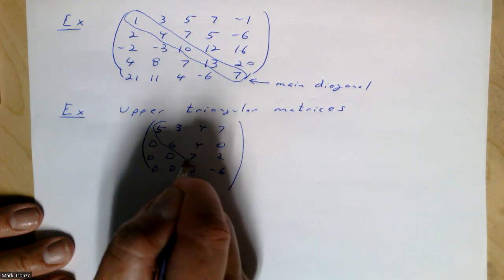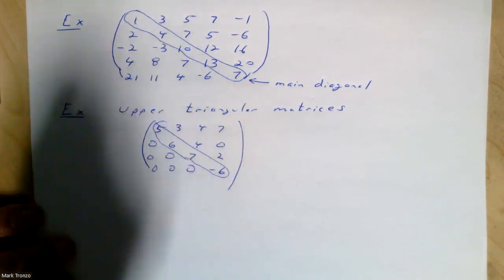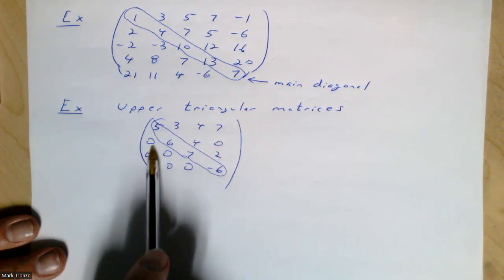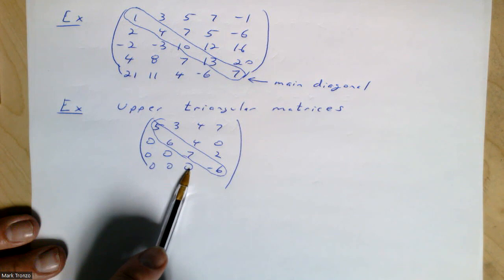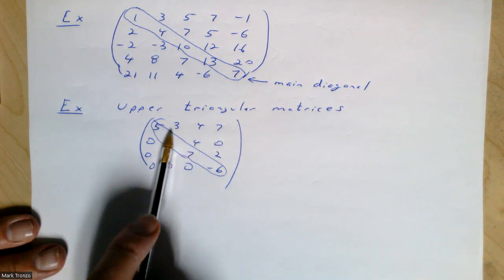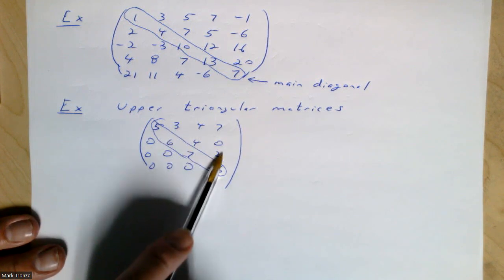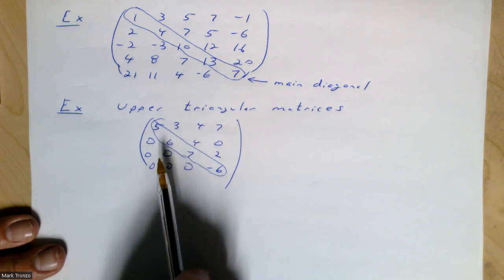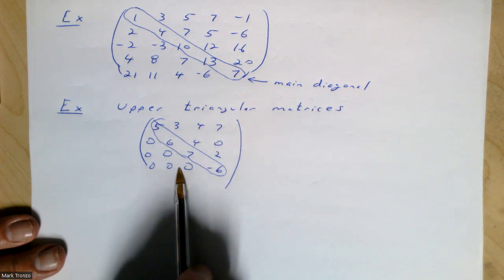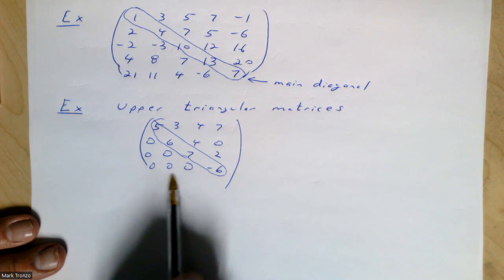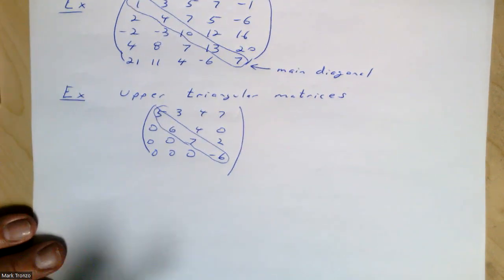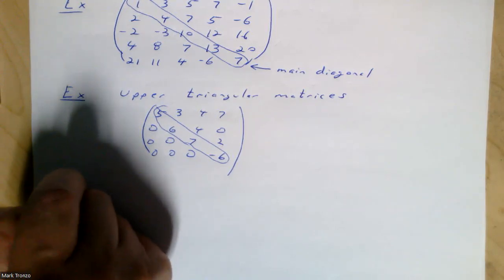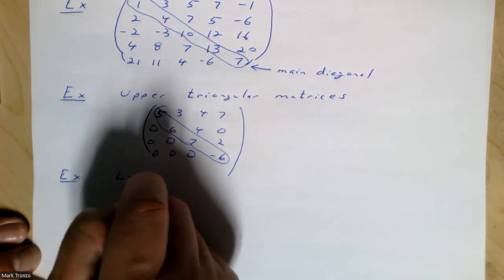If it's upper triangular, that means you have all zeros below the main diagonal. Now, above the main diagonal, you could have a mixture of zeros and non-zeros, but the main thing is an upper triangular matrix has zeros below the main diagonal.